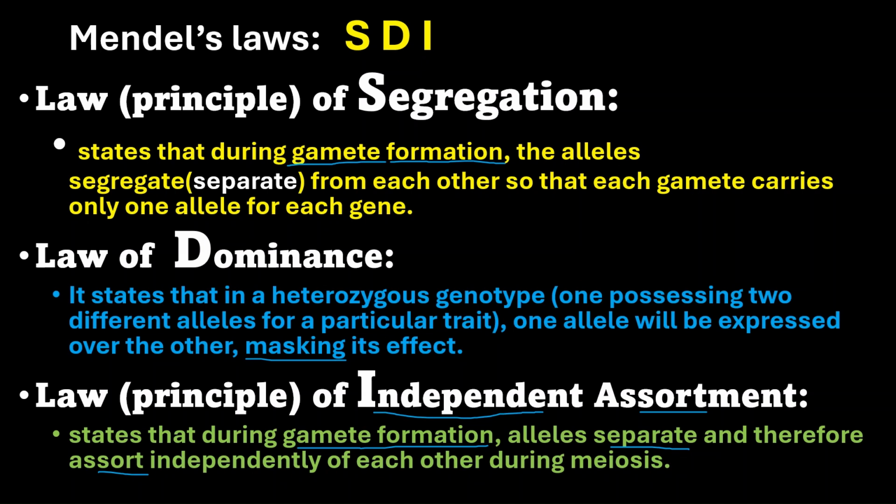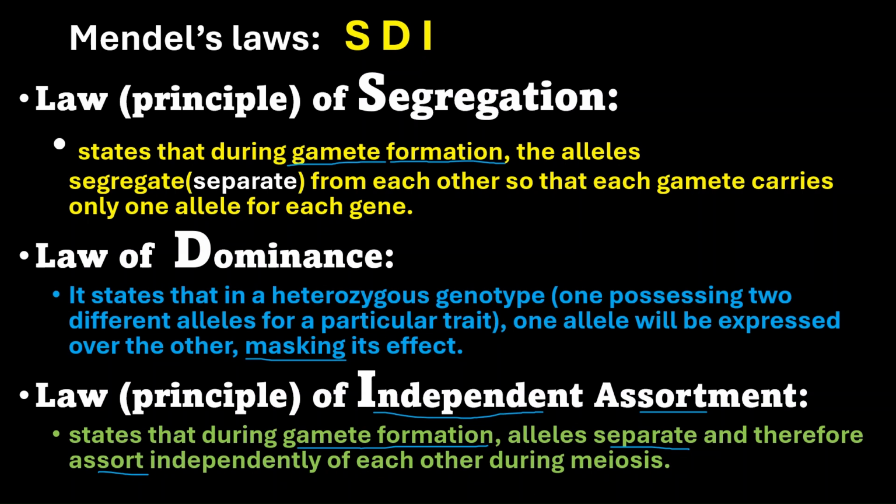Now, the last law is called the law of independent assortment. The word assortment means to distribute. This law states that during gamete formation, alleles separate and therefore assort independently of each other during meiosis. It is highly possible you can be made to quote for 3 marks, or you can be made to explain how it operates.